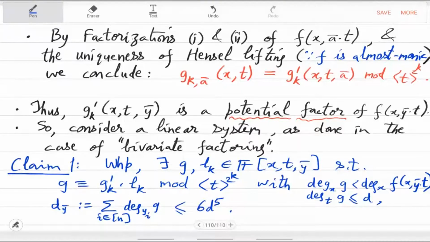So actually this g may still not divide f. What we will do once we have shown this claim is take its GCD with f, like we did in the bivariate case, and show that the GCD will divide f. Okay, so this is a mysterious polynomial g. Let's prove this claim first. It is similar to what we did in the bivariate case, but slightly more complicated because of n being arbitrary here.